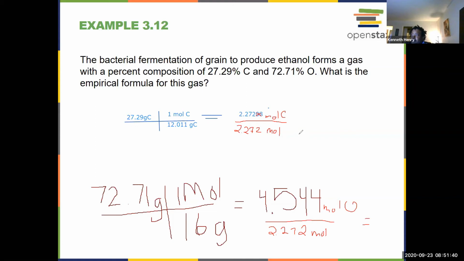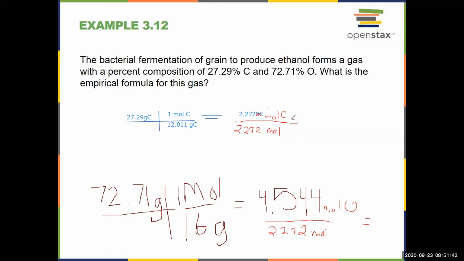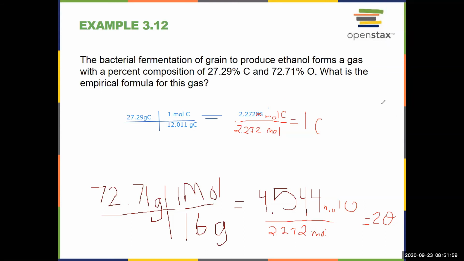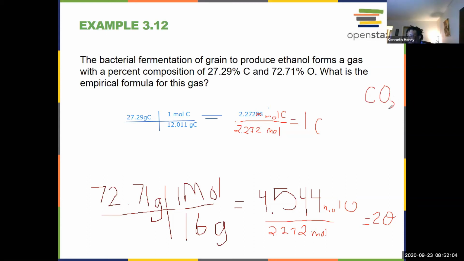And our answer is? The top one is 1 and the bottom one is 2. And our final answer is? CO2, the empirical formula. Piece of cake? Yep.